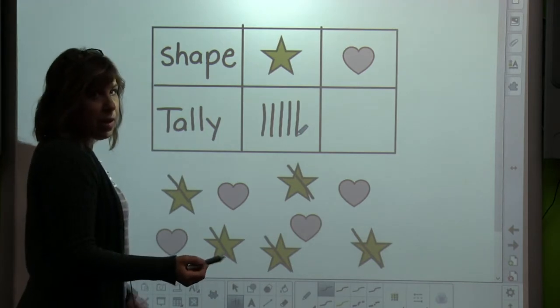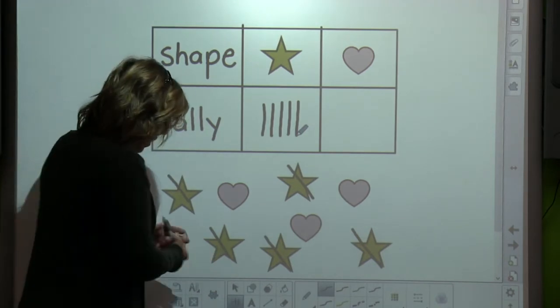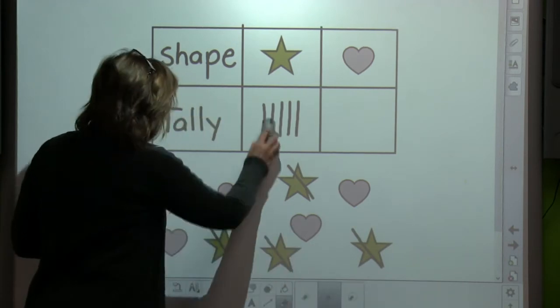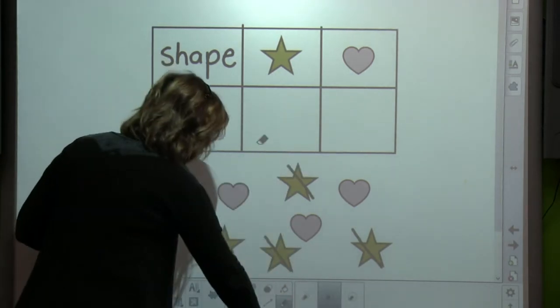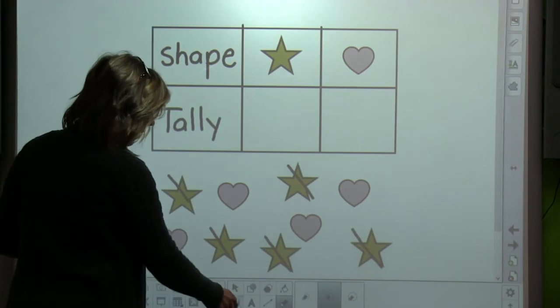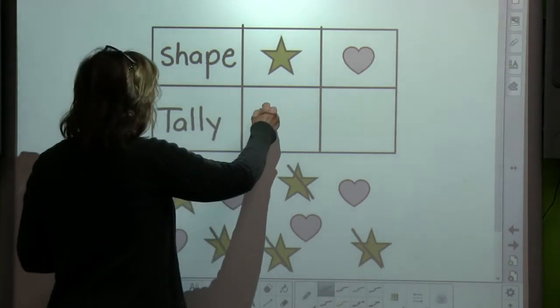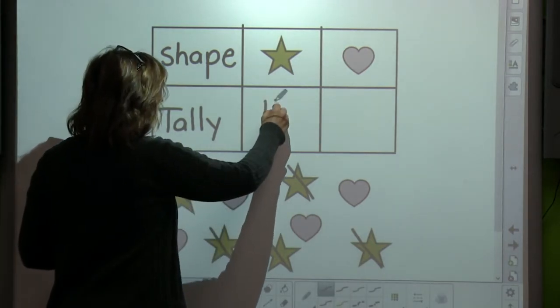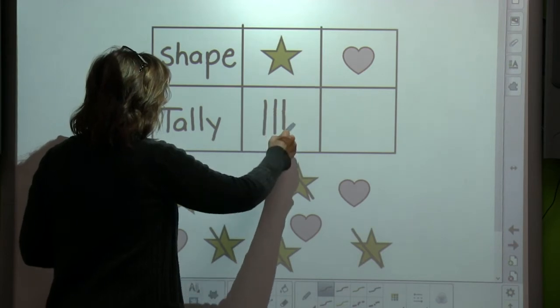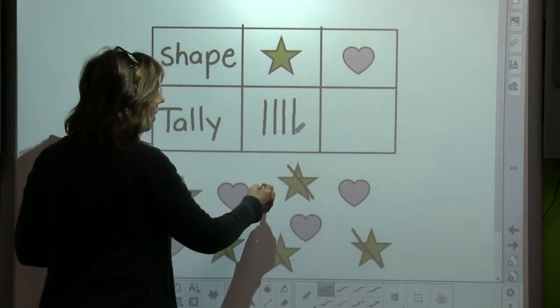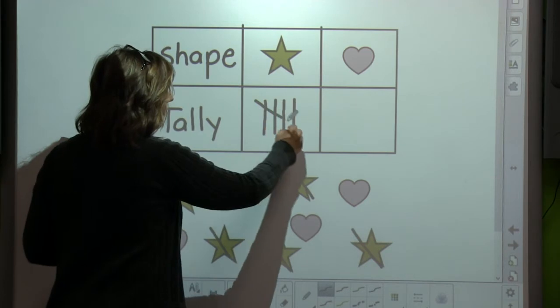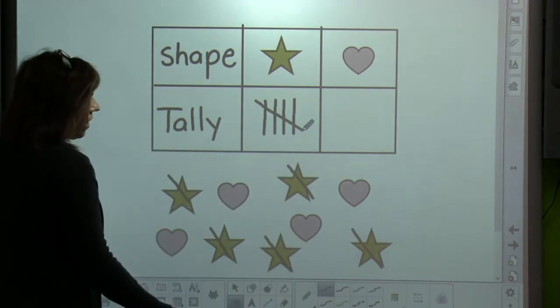Hopefully you're at home going, no, Mrs. Scully, that's not right. Because if you remember correctly, that 5th tally mark needs to go diagonally across the other 4. Did you catch my mistake? Let's try that again. 1, 2, 3, 4, diagonally, 5. There are 5 stars.